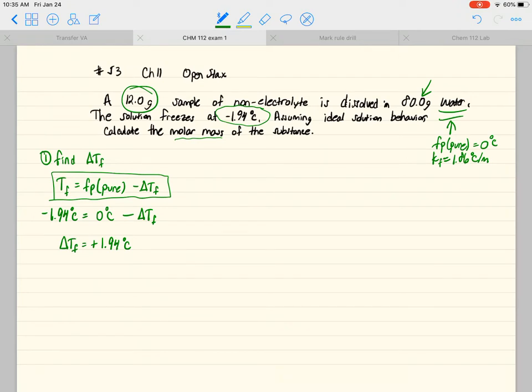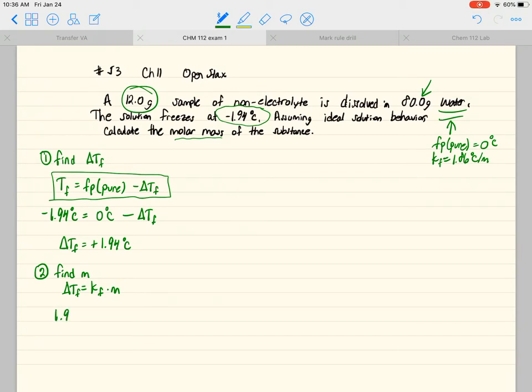Now, what we want to do next is find the molality, the concentration. Normally the change in the temperature of the freezing point is calculated by plugging in the things on the right side of this equation, but we actually know the answer.